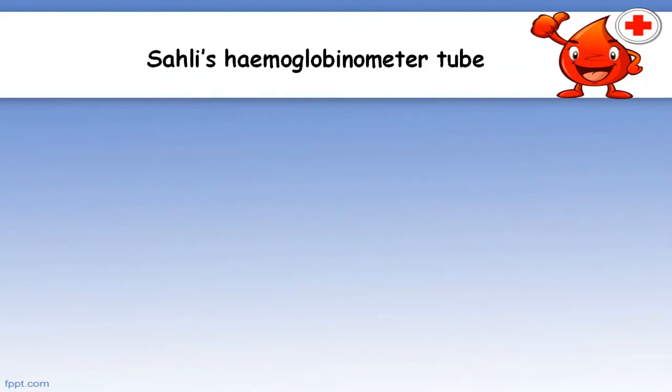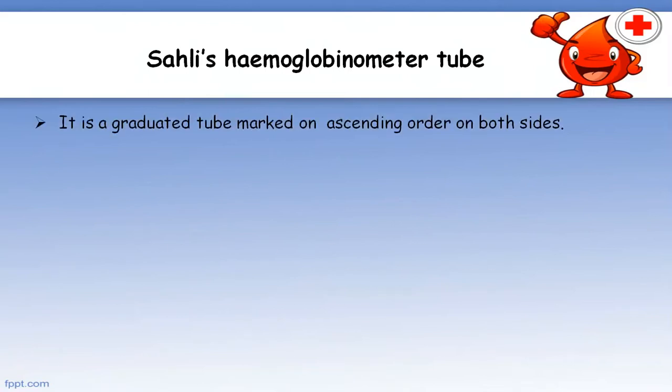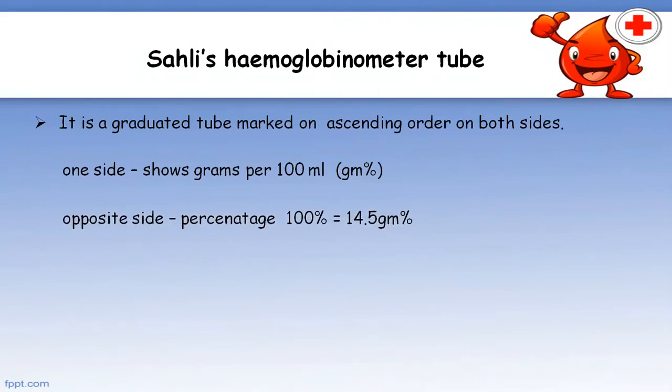First one is the Sahli's hemoglobinometer tube. It is a graduated tube marked in ascending order on both sides. One side shows gram per 100 ml, or gram percent, and the opposite side shows percentage, where 100% is equal to 14.5 gram percent.